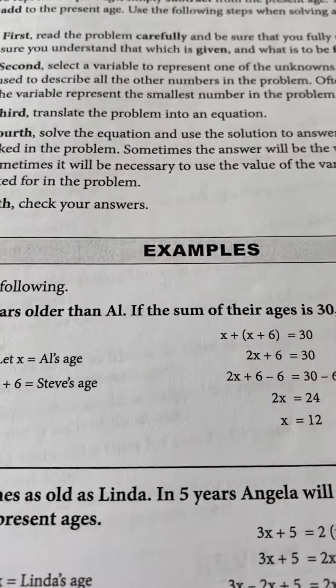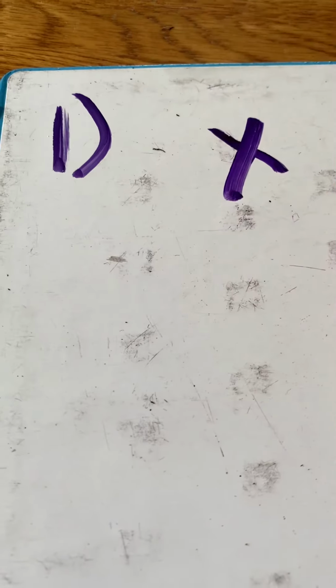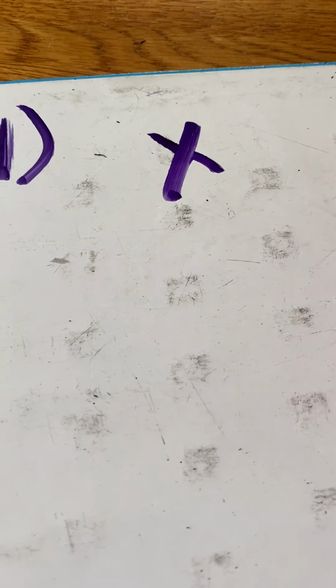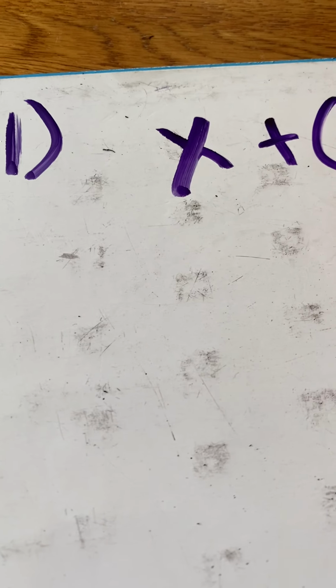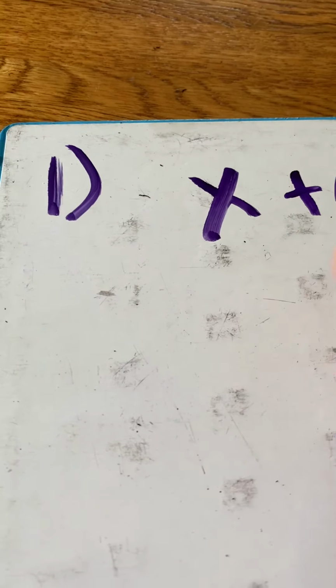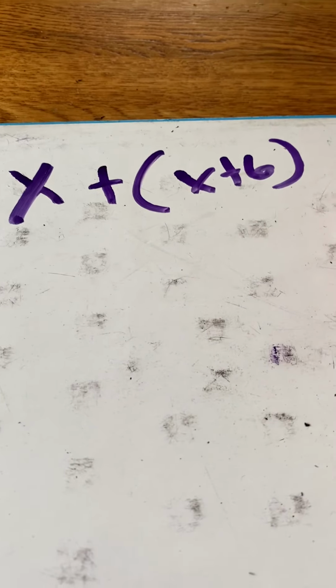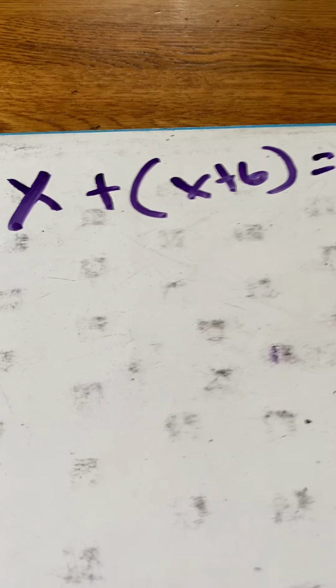So here's what we're going to start out with: X, because we let X equal Al's age, plus (X plus 6), and we just use the parentheses to keep the X's apart from the plus sign because they can get confusing sometimes, equals 30.